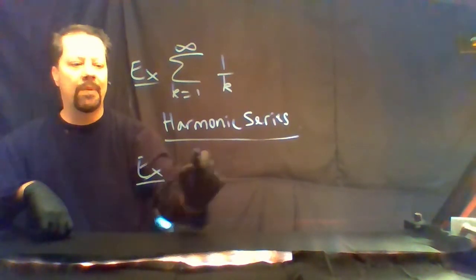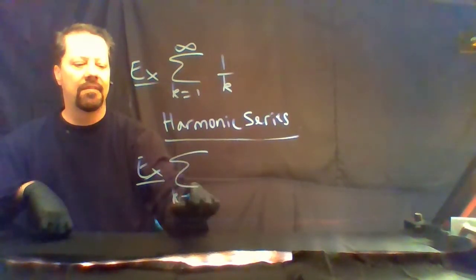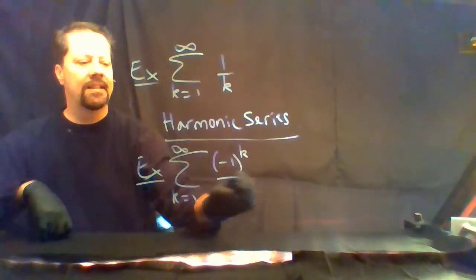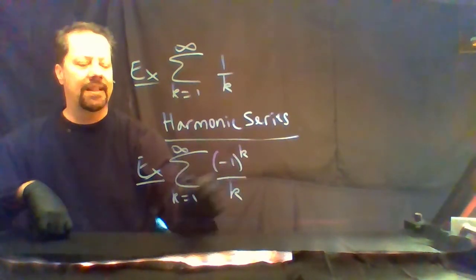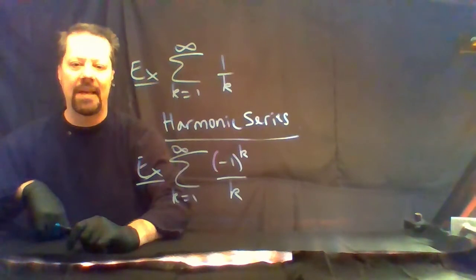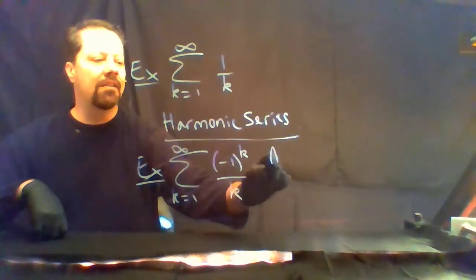You should also be aware of the series where one can write this as negative 1 to the k or as negative 1 to the k plus 1. It doesn't matter. This is the alternating harmonic series.